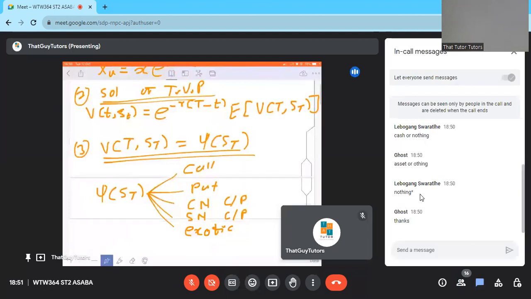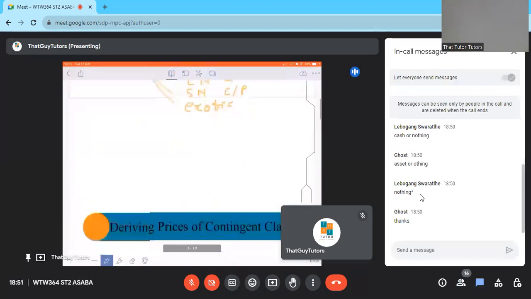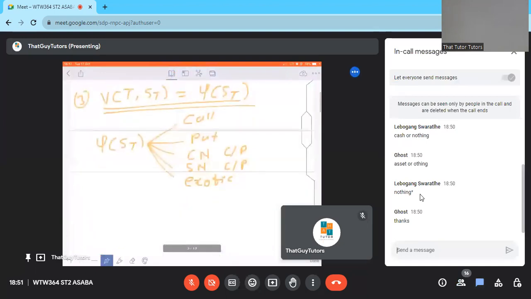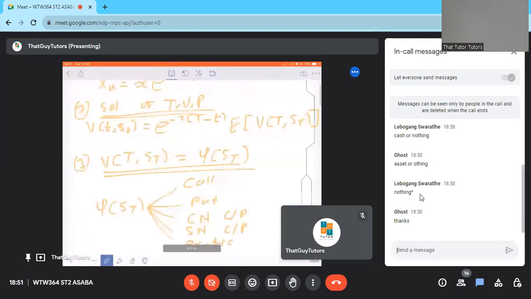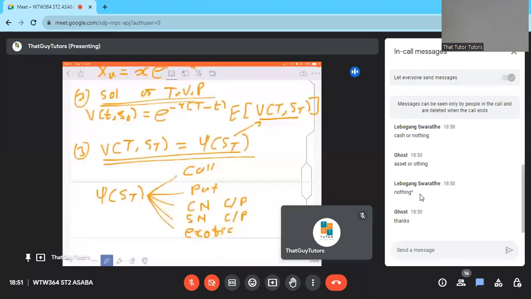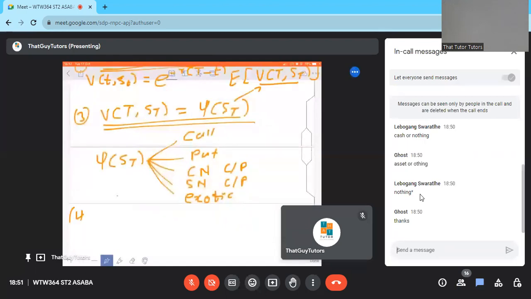So we need to know how to derive it, right? We already said that the solution to this, v, is just going to be some call. I'm going to focus on the expectation form: the expectation of some psi of the share.